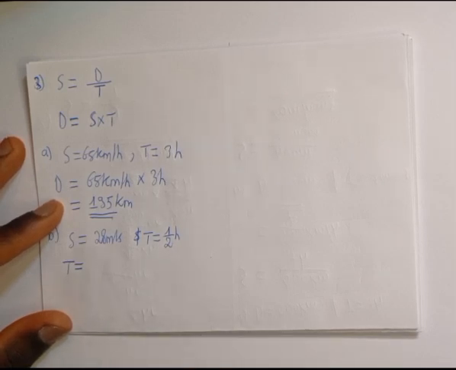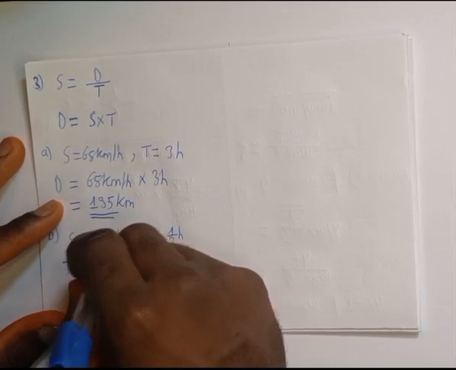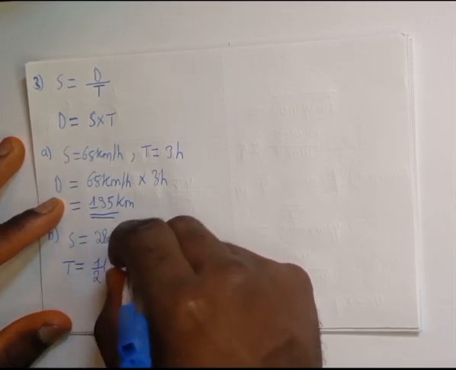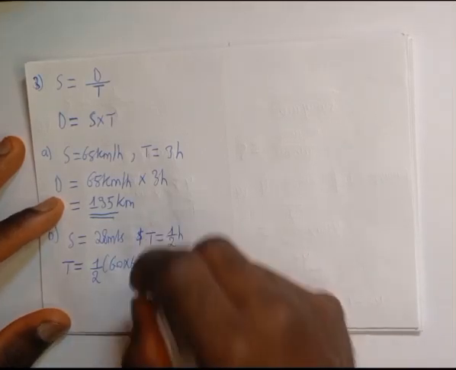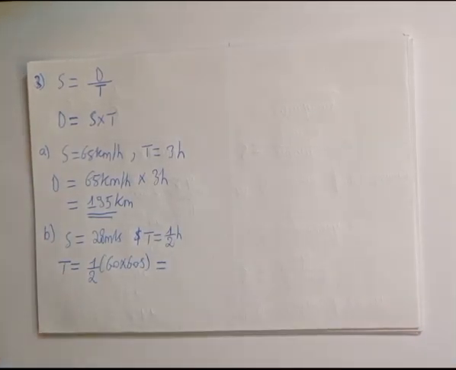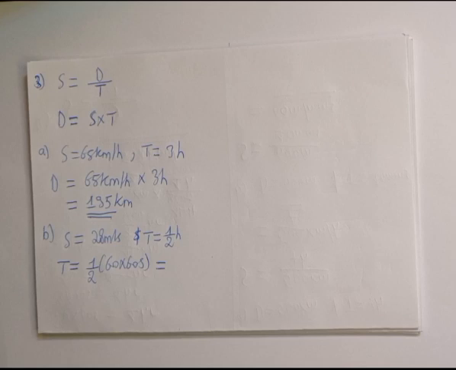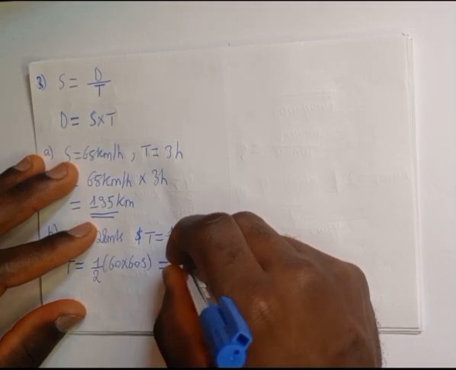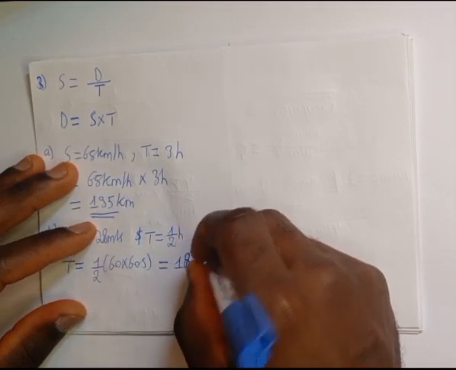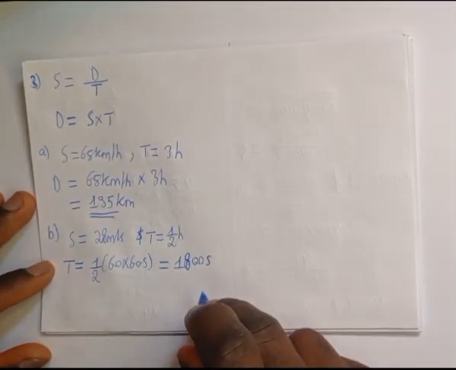For us to express a half hour, we are simply going to take a half of 60 times 60 seconds. And this will simply be equal to a half of 60 times 60. 60 times 60 gives us the number 3,600. 3,600 times a half gives us 1,800 seconds. This is the time taken by the object.